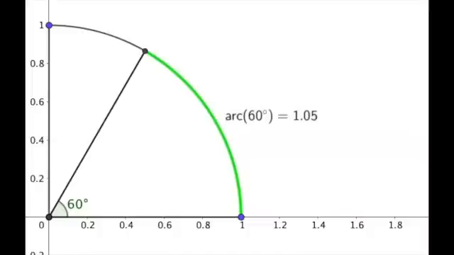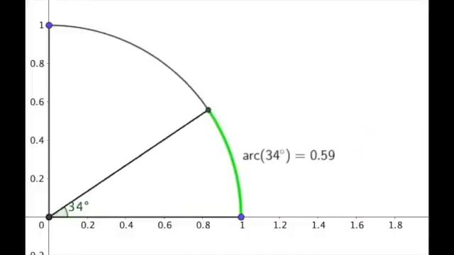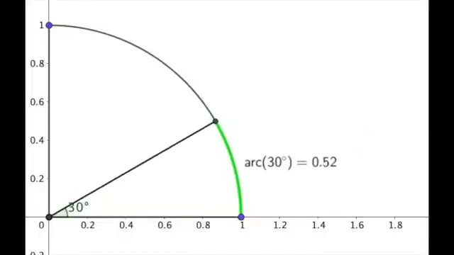When you take this 60-degree arc and change the angle to 30 degrees, the arc was 1.05, and when I pull this thing down to 30 degrees, now the arc is about 0.52, because the arc of the 30-degree angle is exactly half of the arc of the 60-degree angle.